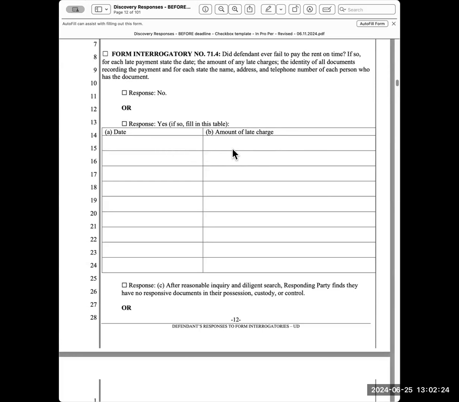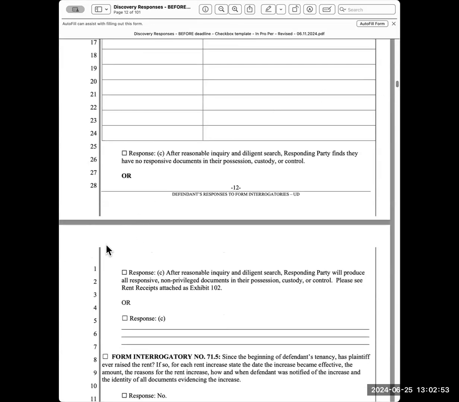Also, the landlord in the demand to pay rent or quit is only allowed to demand rent, not any late charge or any other fee. And so if the landlord demanded rent, including a late charge, then that could be evidence that you would want to include that could potentially help you in your case.